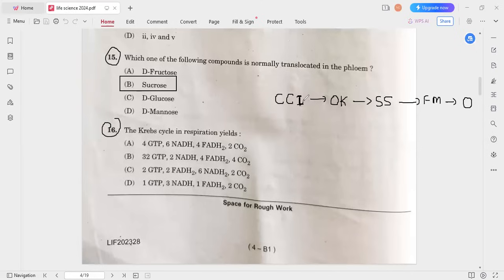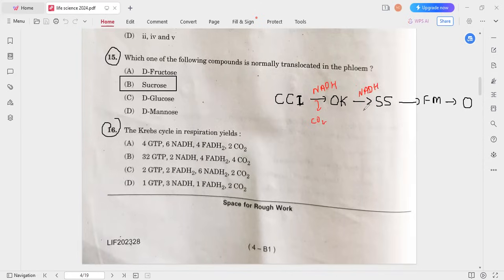In between isocitrate and alpha ketoglutarate, one NADH is produced and carbon dioxide is released. Also in between alpha ketoglutarate and succinyl CoA, a dehydrogenase enzyme acts here also, and one NADH is reduced.